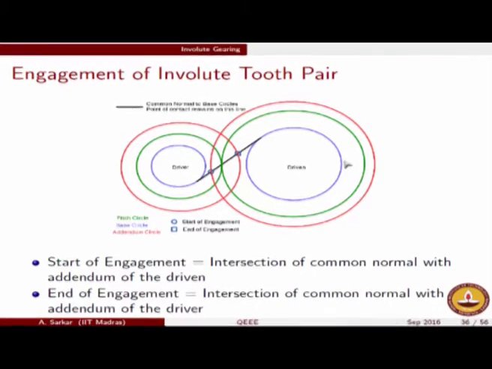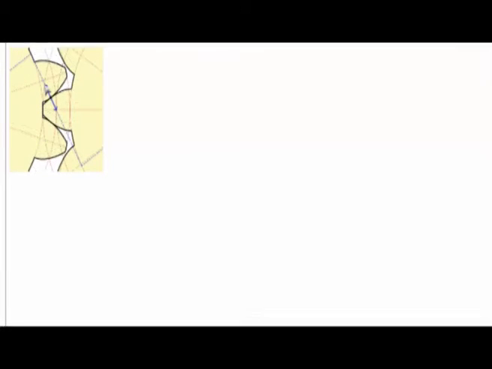This is exactly what you have seen even in the animation. If you realize, the start of engagement is happening right at this point. This is the point where the addendum of the driven gear, which is on the right, is intersecting the common normal between the two involutes, or the internal tangent to the base circles, exactly at the point where I have kept my mouse.